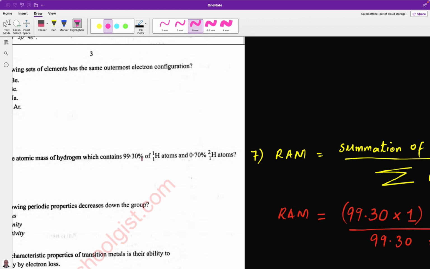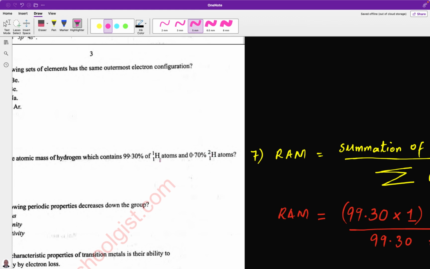For hydrogen, there's hydrogen 1 and there's hydrogen 2. For hydrogen 1, the relative abundance is 99.30, and it has a mass of 1. Then for hydrogen 2, the relative abundance is 0.7, and the mass is 2.